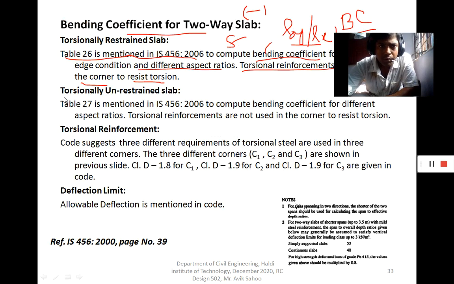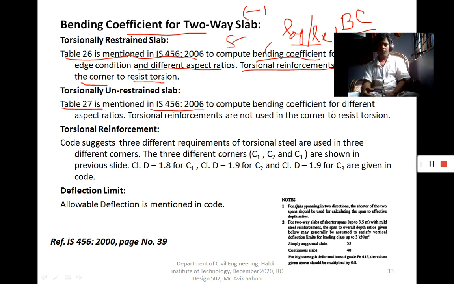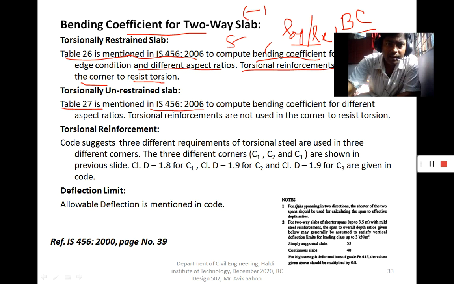Another type of slab is the torsionally unrestrained slab, where Table 27 is mentioned in IS 456 2000 to compute the bending coefficient for different aspect ratios and edge conditions. As it is simply supported, it means the four edges are discontinuous.